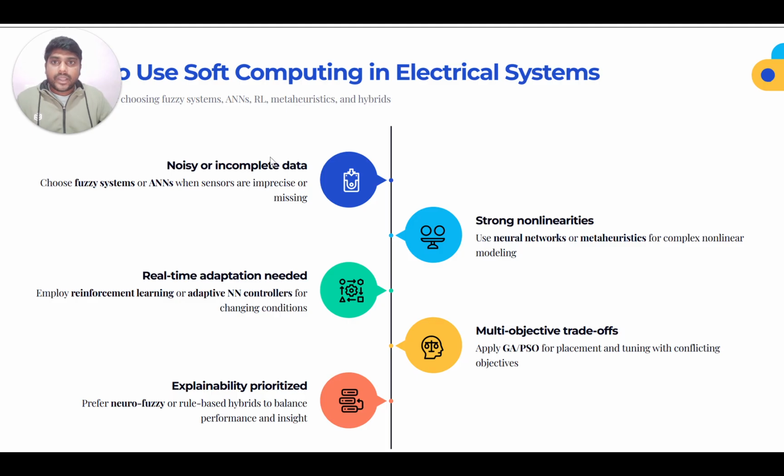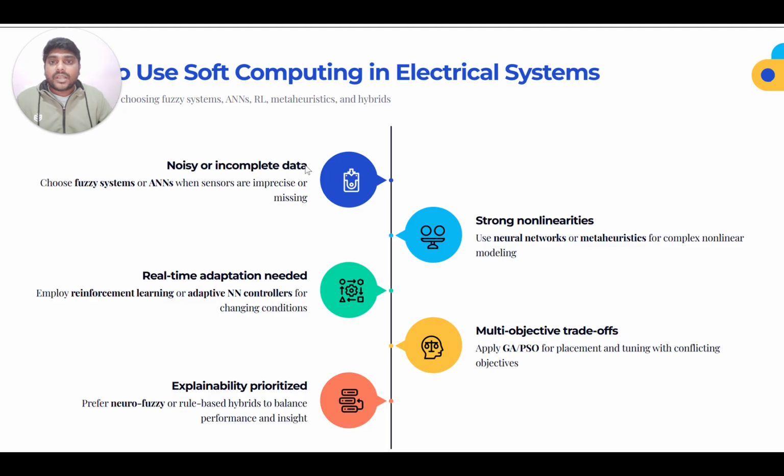When to use soft computing in electrical systems. So, when should we choose soft computing? First, when data is noisy or incomplete, fuzzy systems excel here. Second, when systems experience strong nonlinearities that are hard to model analytically, neural networks help capture these behaviors.